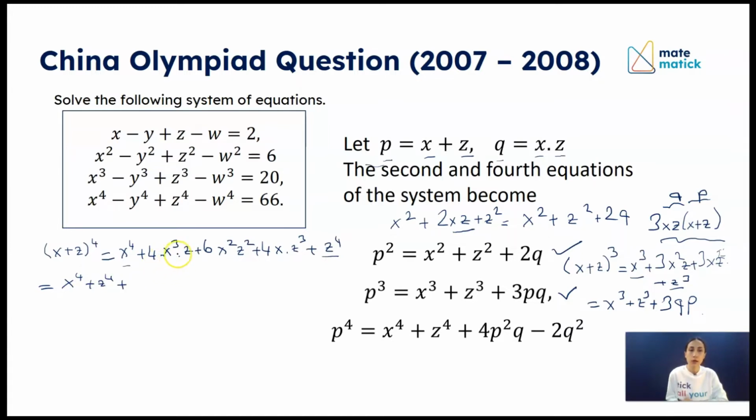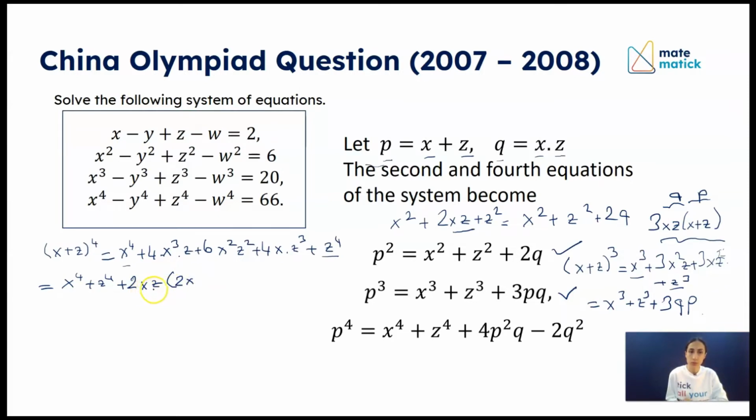here we have 4x cubed z, 6x squared z squared, and 4x z cubed, right? So I can take them into parentheses like this. I can write this as 2xz, because each of these has 2xz as a factor. So it is 2xz in the parenthesis of, here we have 2x, right?